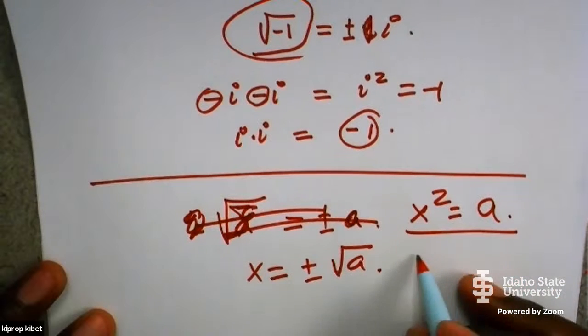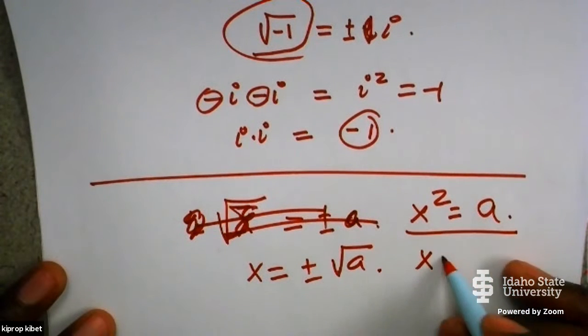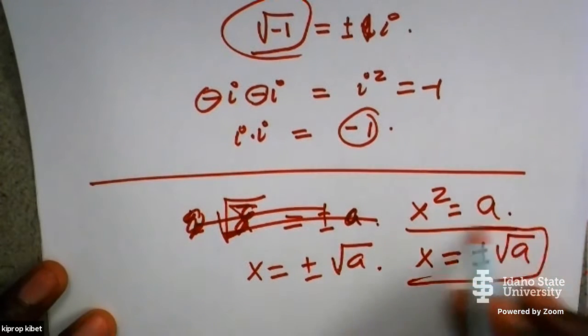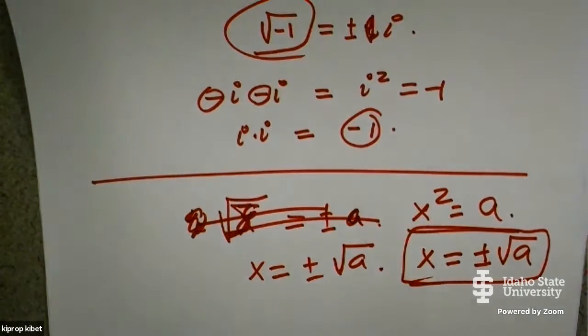Then to get the value of x, x equals plus or minus the square root of 8. So it doesn't matter whether this one is negative or positive. I see. Yeah.